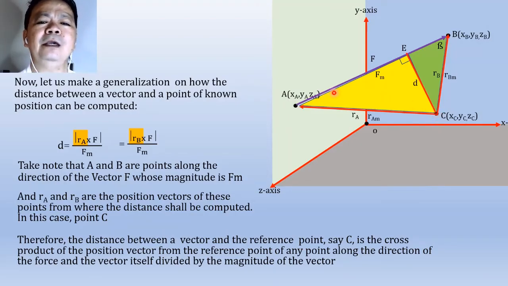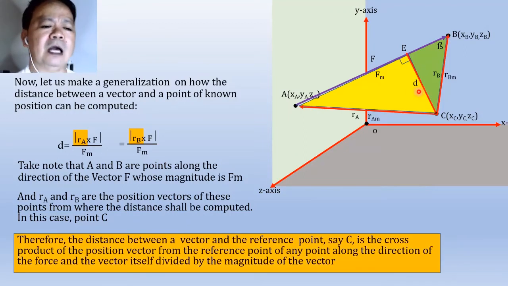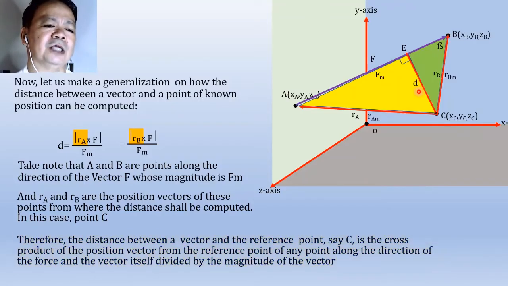It could be A or it could be B, where these points are the points where F is directed. The positions of those B or A from C will be called the position vector. And if that position vector is multiplied using the cross product of F, and the result is divided by the magnitude of this F, then we get the distance between them. And so that actually is our generalization.